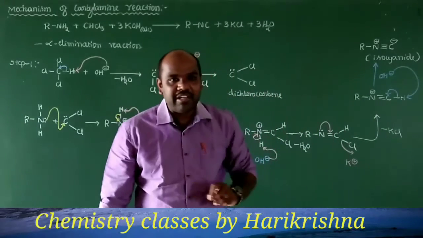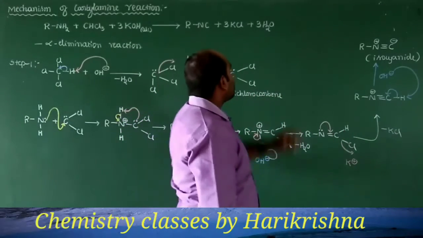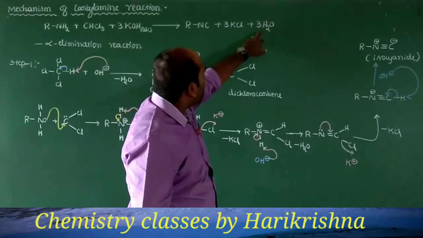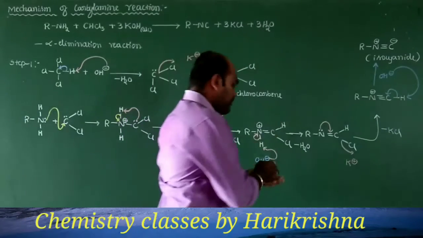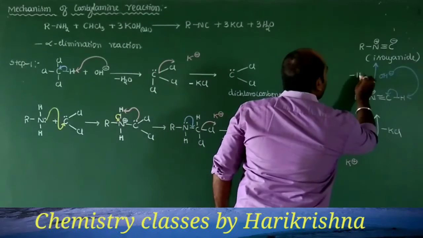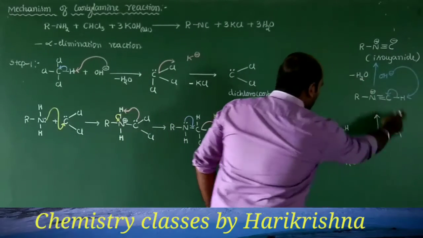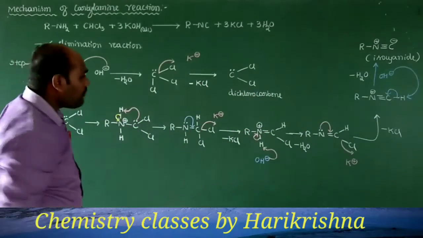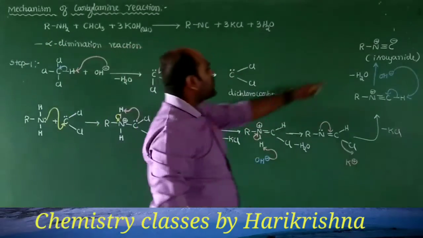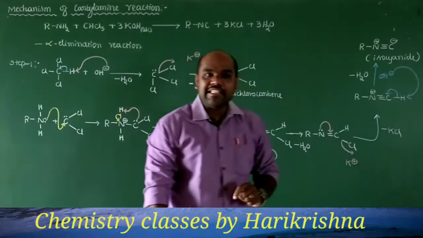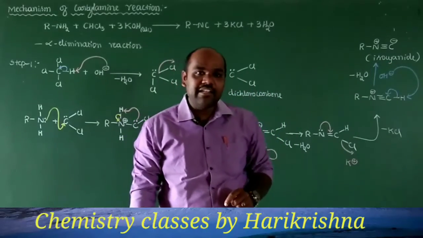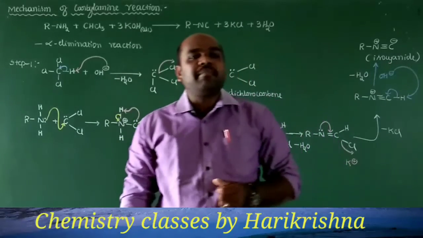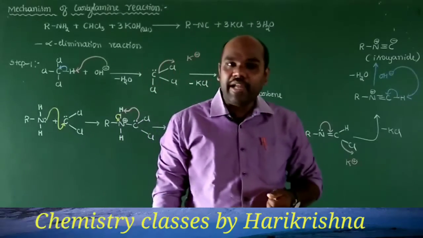So 3 moles of potassium chloride have been formed, and we should observe the formation of 3 molecules of water. Here there is 1 unit of water, 1, 2, and 3. So with the final formation of the corresponding isocyanide, this is the detailed mechanism of the carbylamine reaction.